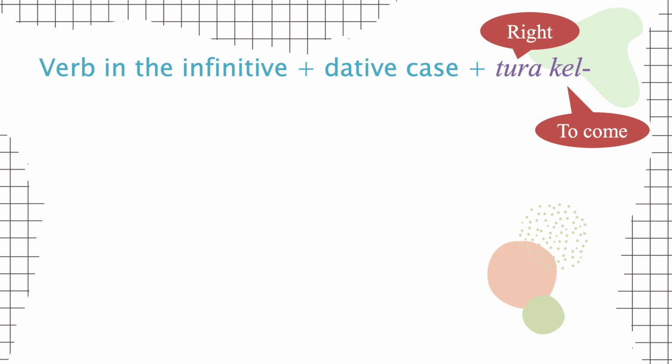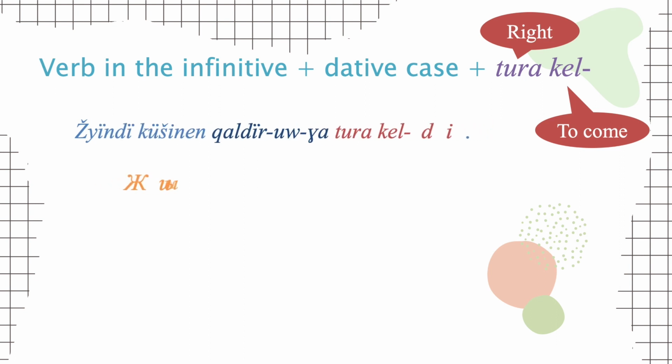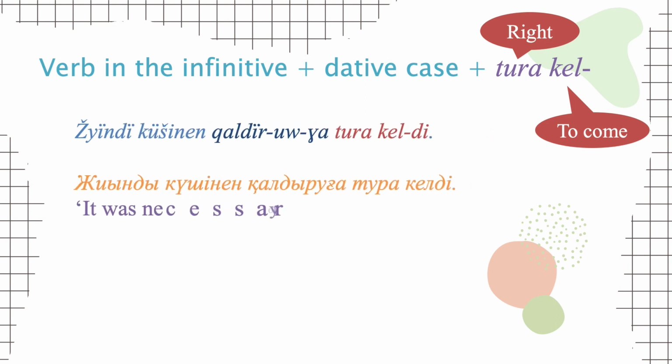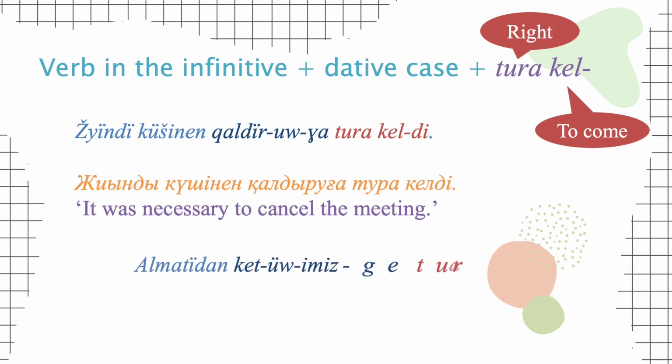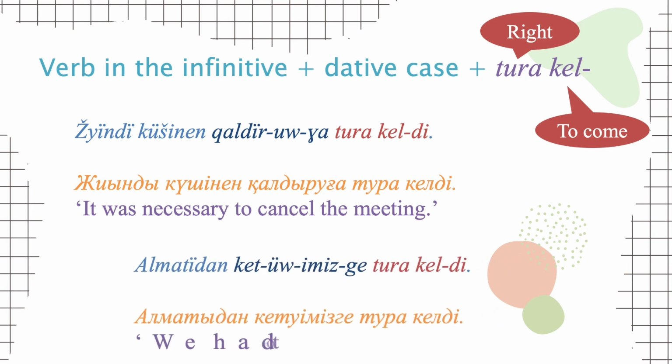The subject is either contextually understood or marked by the possessive suffix added to the infinitives. For example, жиынды күшінен қалдыруға тура келді. It was necessary to cancel the meeting. Алматыдан кетуімізге тура келді. We had to leave Almaty.